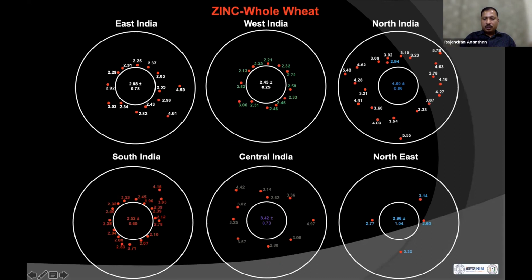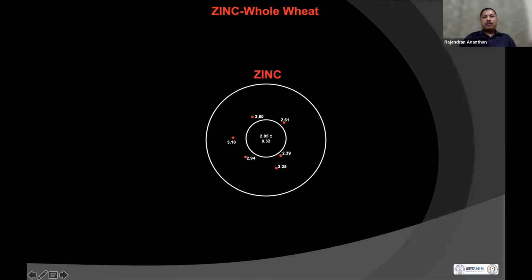But when we pool together, the range is very close by. So there are two important things: one is that it is cost effective, and another is that, in order to reduce this variation, we have to pool.